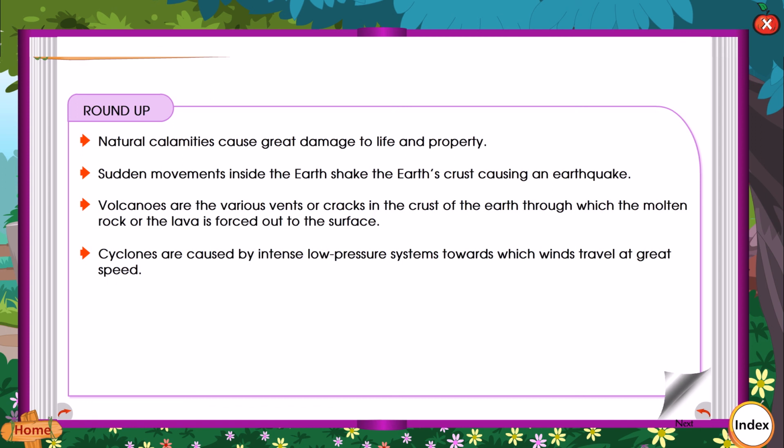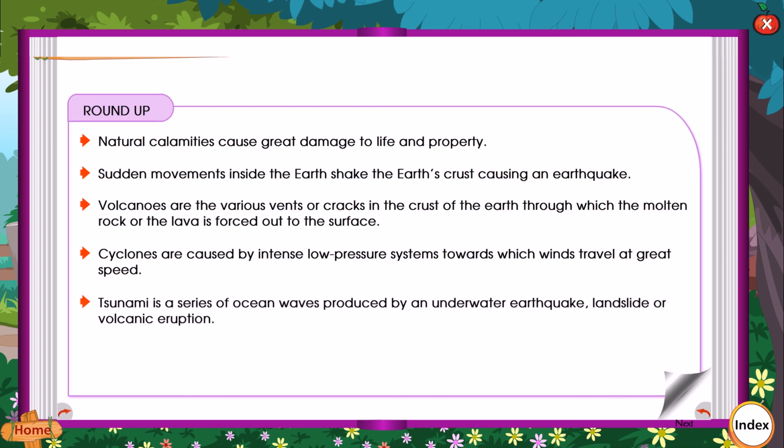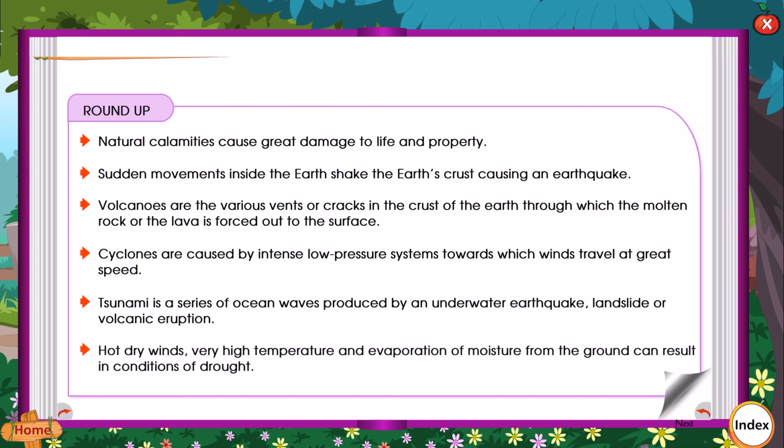Cyclones are caused by intense low-pressure systems towards which winds travel at great speed. Tsunami is a series of ocean waves produced by an underwater earthquake, landslide, or volcanic eruption. Hot dry winds, very high temperature, and evaporation of moisture from the ground can result in conditions of drought.